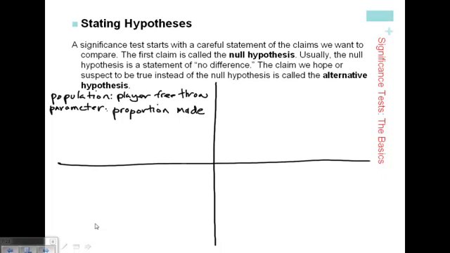It's proportion made. Okay, and now we're ready to write in the specific language of statistics the null hypothesis claim and the alternate hypothesis claim.